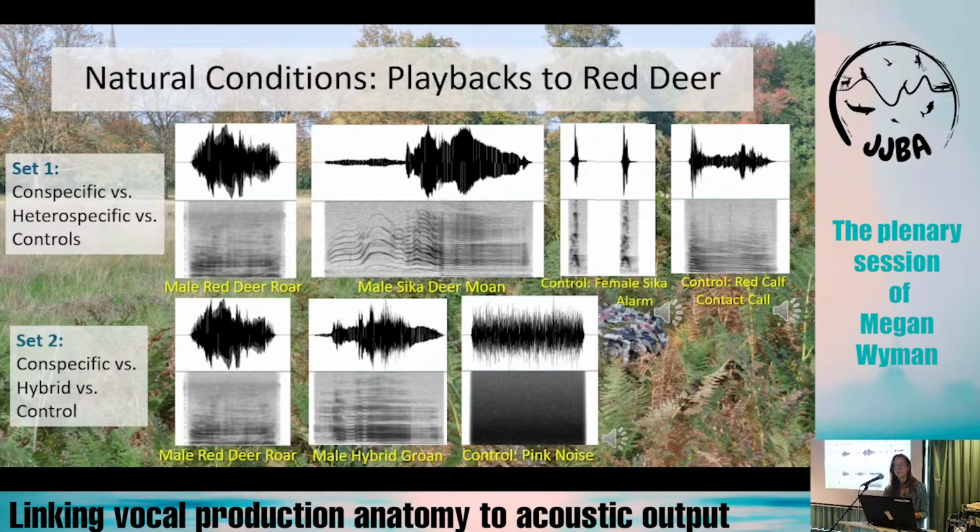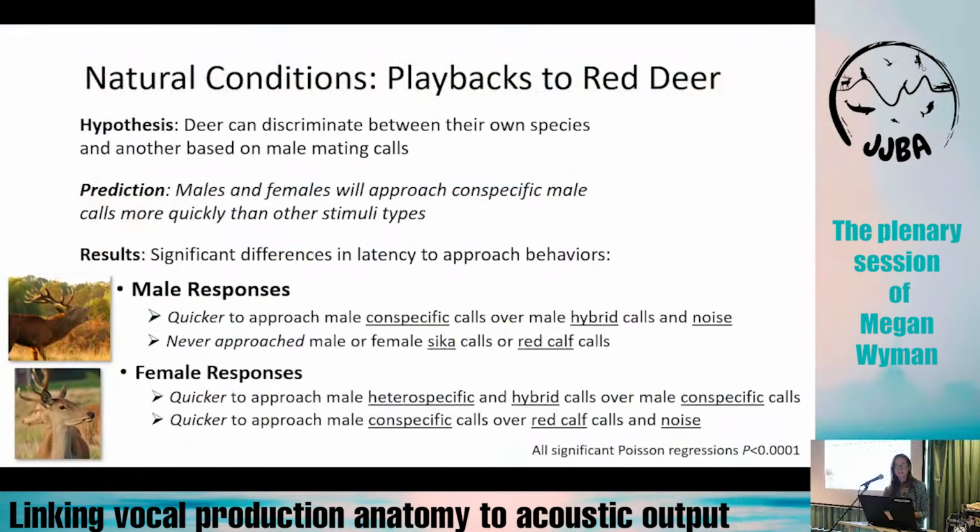And the second was heterospecific versus hybrid, and the control here was some pink noise. And the idea is, how are they responding to these calls? Our hypothesis was that they can distinguish their own species from the other based on the mating calls, and that the males and females will both approach the conspecific male call or treat them like a rival or a potential mate, much more so than the other stimuli.